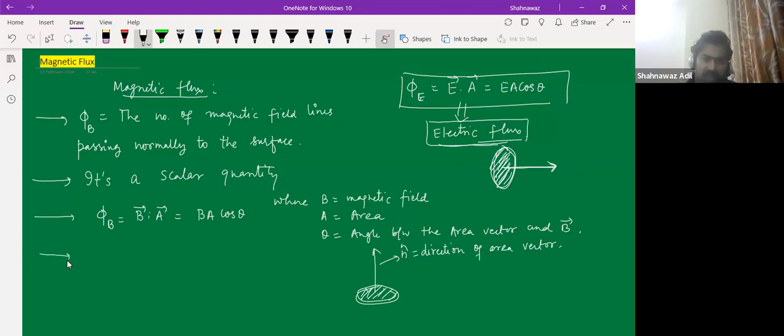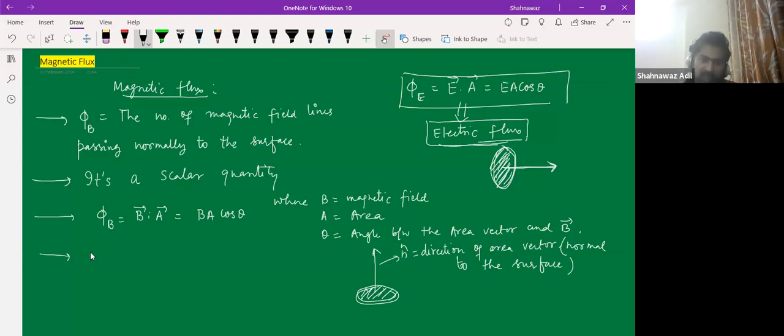Perpendicular, so the direction of the area vector is normal to the surface. That is how you denote the direction of the area, right?